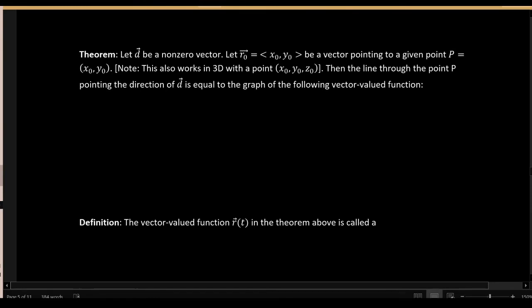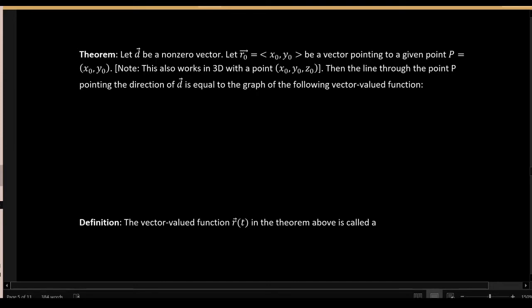So here's a general theorem. Suppose we have some non-zero vector called d, and we also have a vector which we'll call r0, which is pointing towards some point x0, y0 that's been given to you.